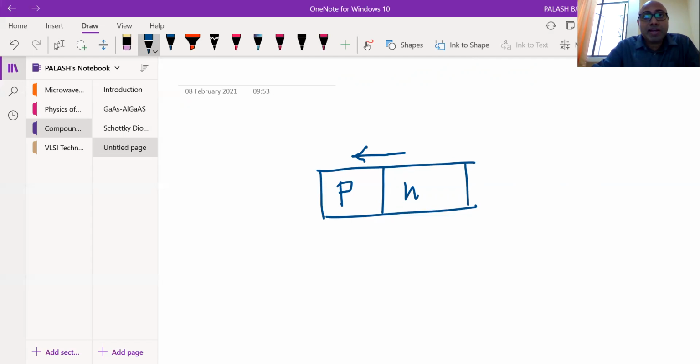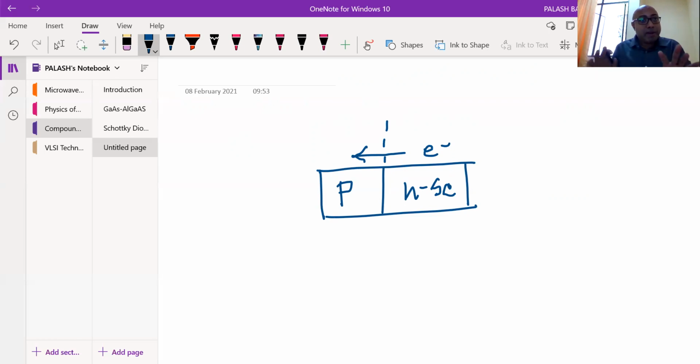In the N-type semiconductor you have an electron, which is a majority carrier. The moment it crosses this junction, it is now in the p-type semiconductor. Immediately the electron realizes it is no more a majority carrier. It becomes a minority carrier.